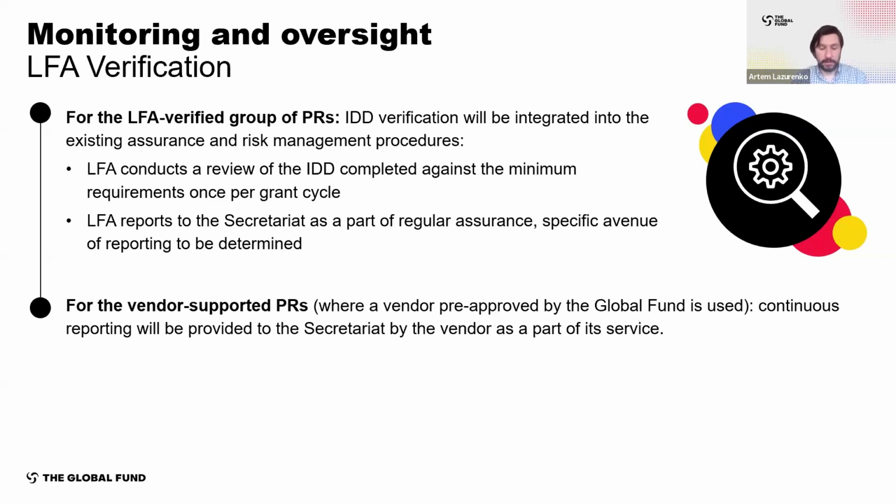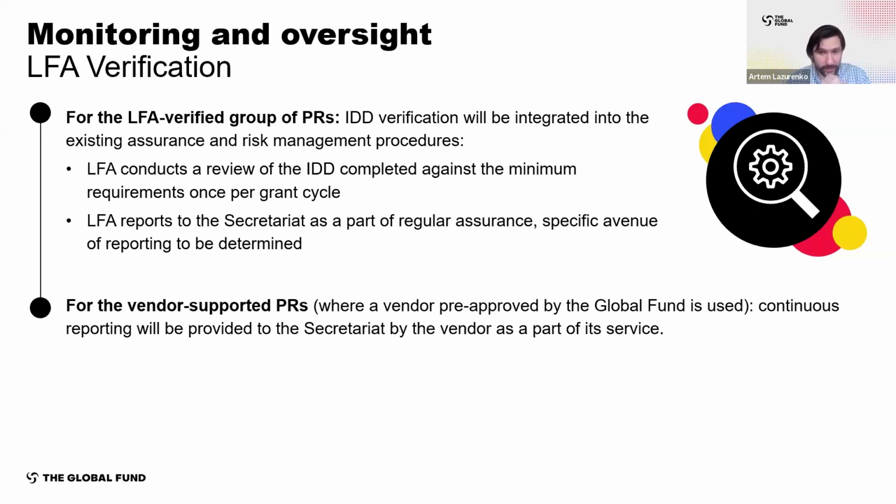We will not be at this point verifying the overall IDD process, but PRs are expected to have it in place. And so the LFA verification can evolve over time. At the moment, we are only focusing on minimum requirements, but that does not mean that the minimum requirements exhaust the IDD requirements.